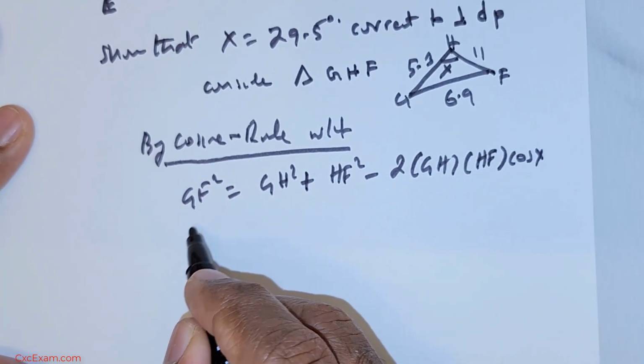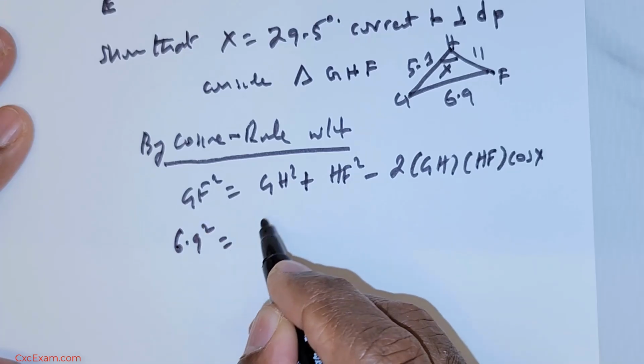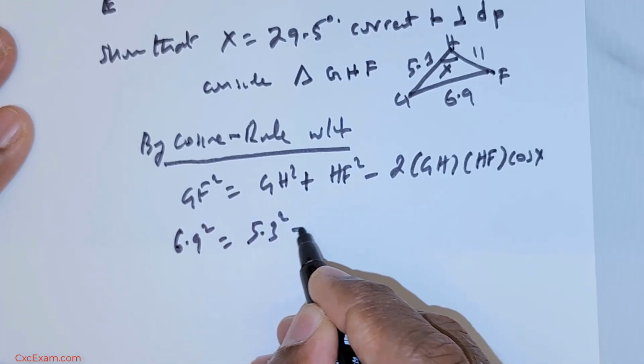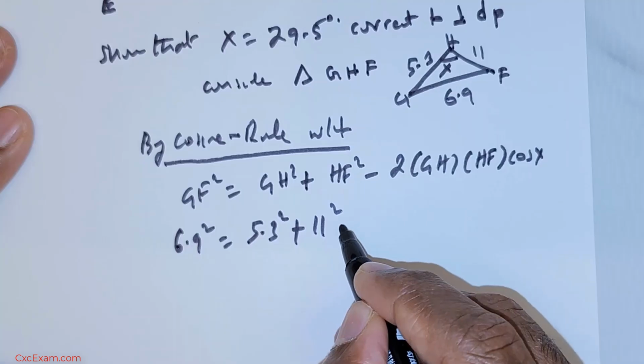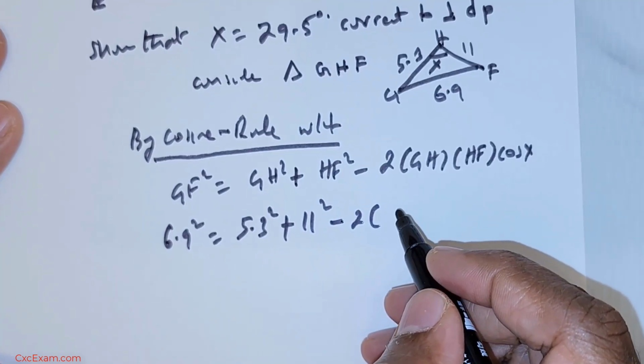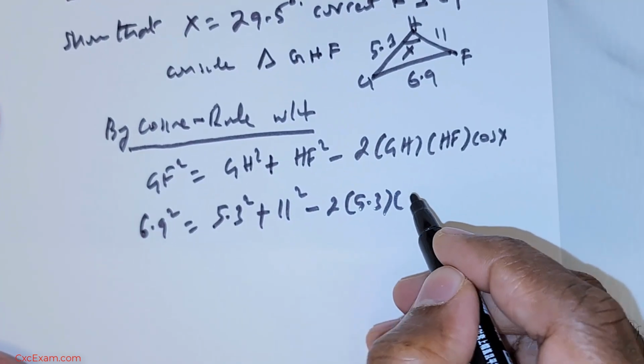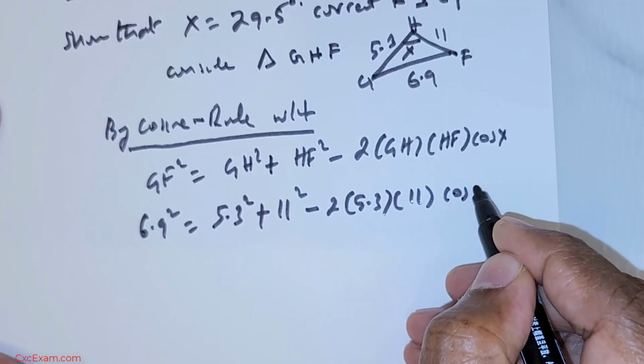So GF is 6.9 squared, GH is 5.3 squared, and HF is 11 squared minus 2 times 5.3 times 11 times cos x.